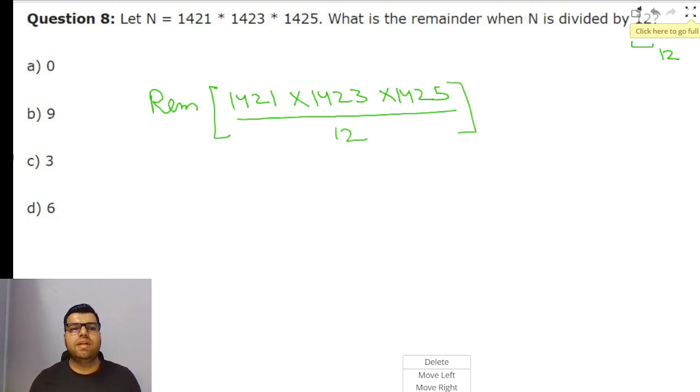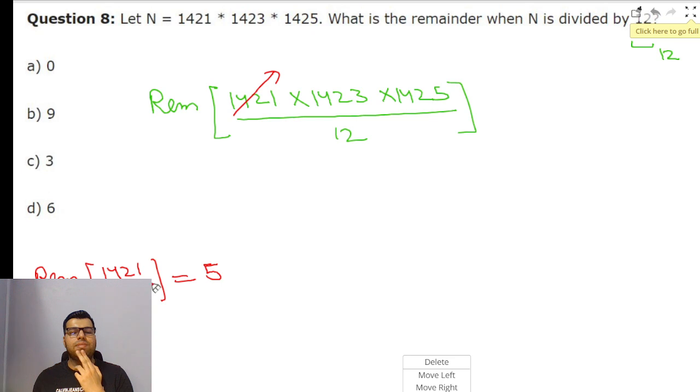Even if they are in multiplication, for remainders we just replace them by the remainders with a particular number. So the remainder of 1421 with 12 is one thing we have to calculate. You just divide 1421 by 12. The remainder is 5.